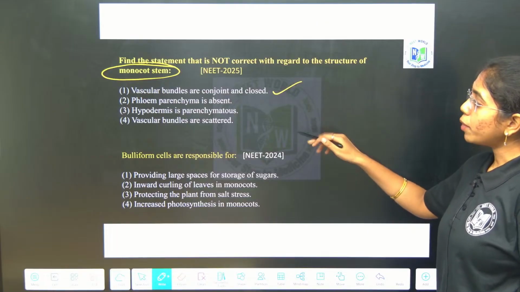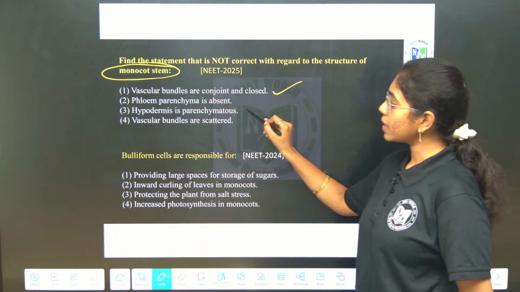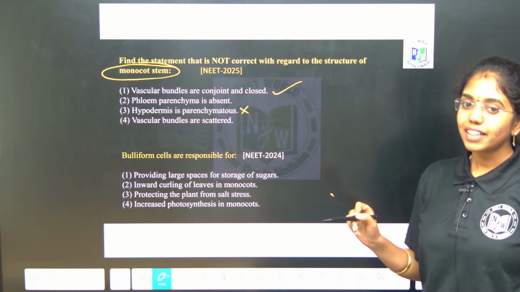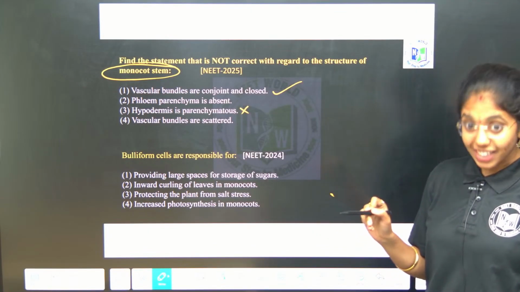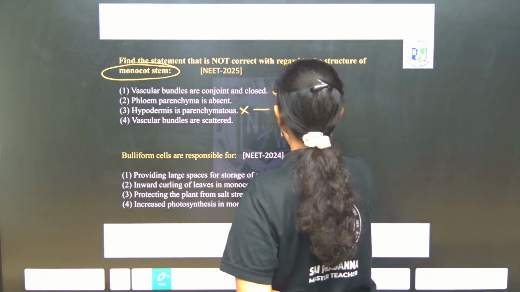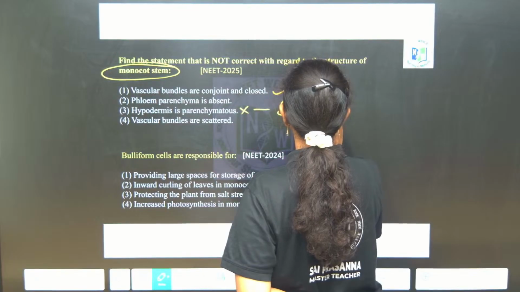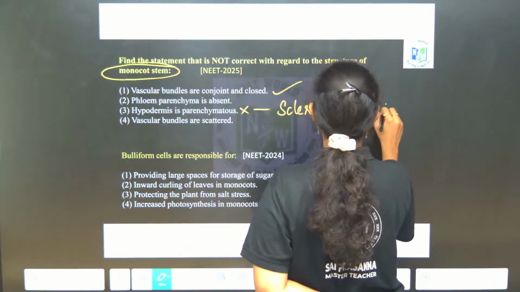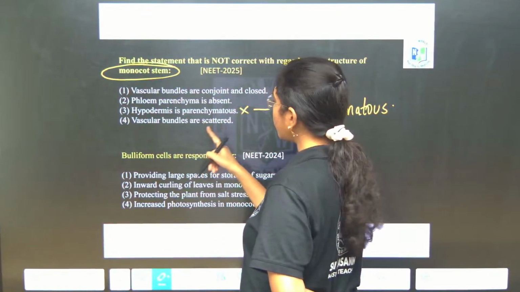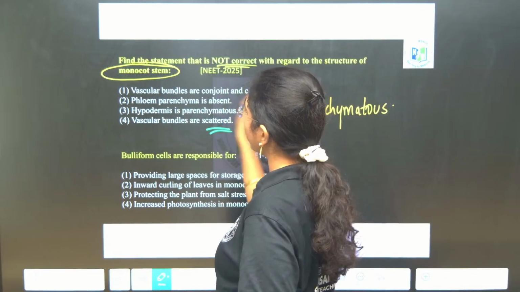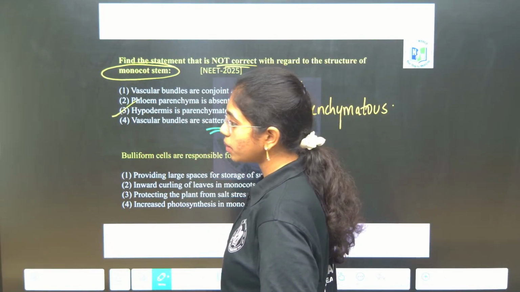Hypodermis is parenchymatous, he is saying no. Hypodermis in monocot stem is sclerenchymatous. Collenchymatous in dicot stem. Vascular bundles are scattered in the cortex region. So what is the wrong statement here? Next question.